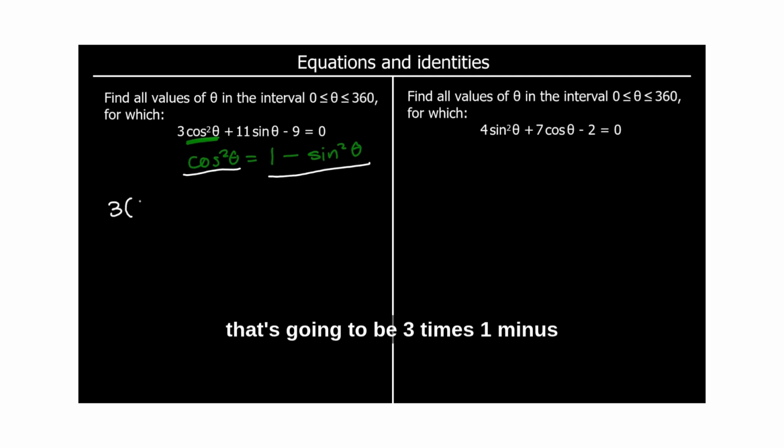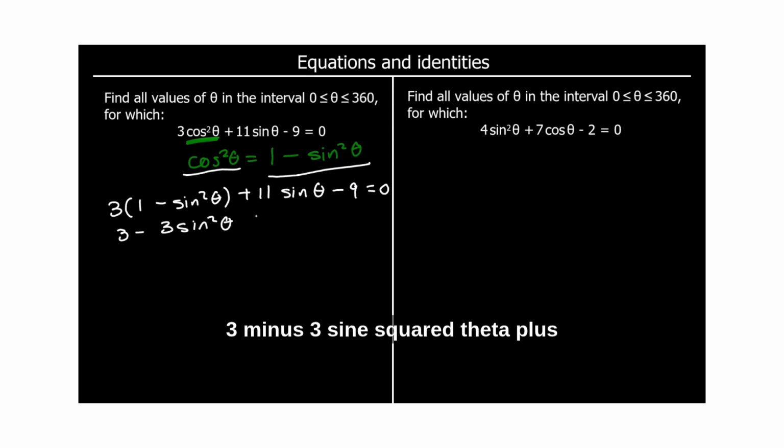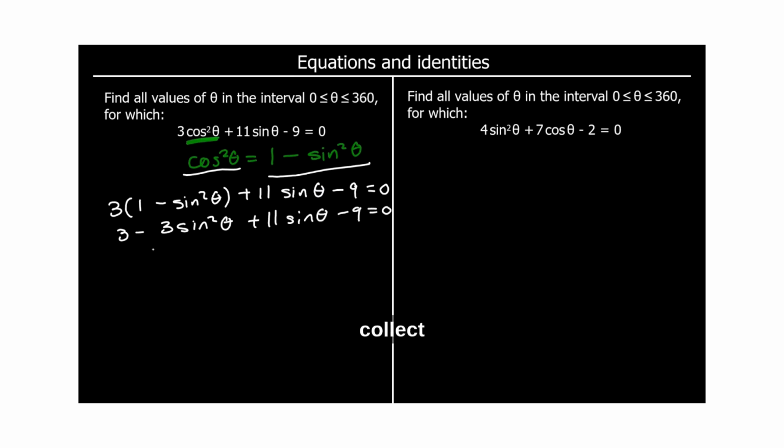So that's going to be 3 times 1 minus sine squared theta plus 11 sine theta minus 9 equals 0. Expand the bracket. So 3 minus 3 sine squared theta plus 11 sine theta minus 9 equals 0. Collect the like terms.